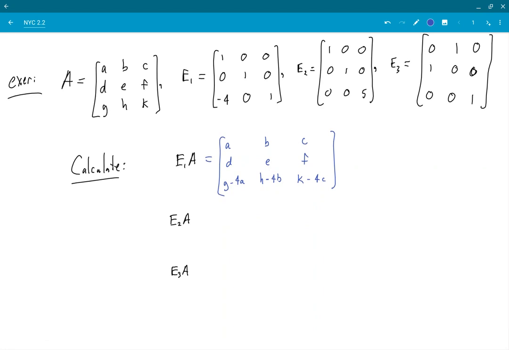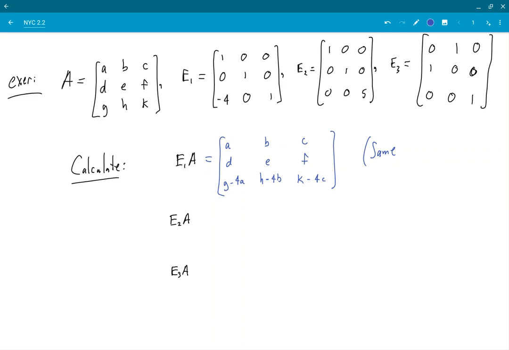Okay, let's pause and look at that. What happened? Well, if I look at that bottom row, I can see that this is reminding me of something.